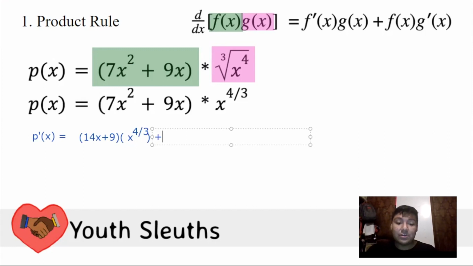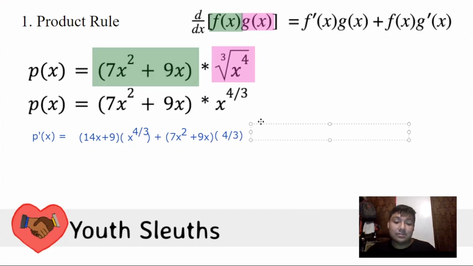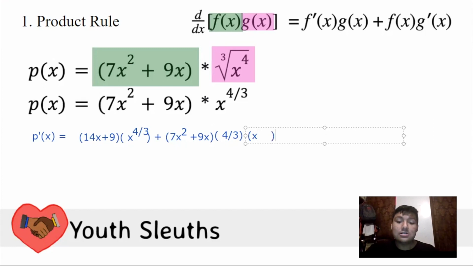So now we add, and then this time f of x remains unchanged. So we have 7x squared plus 9x, and then that's being multiplied by, first we bring down the 4/3, and then in the exponent we have x to the power of 4/3 minus 1.